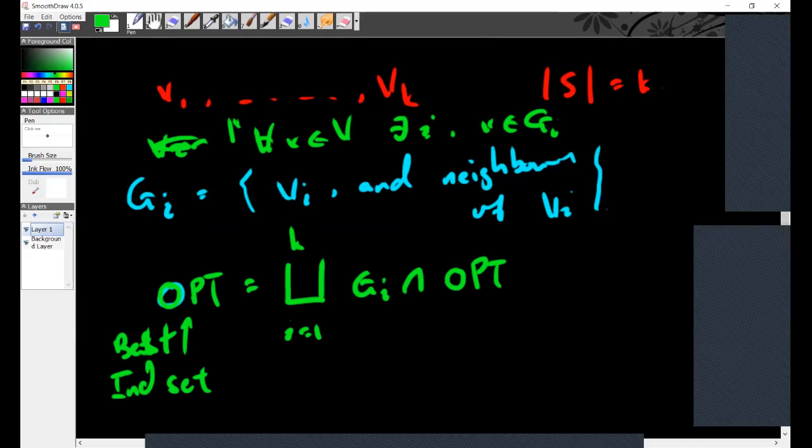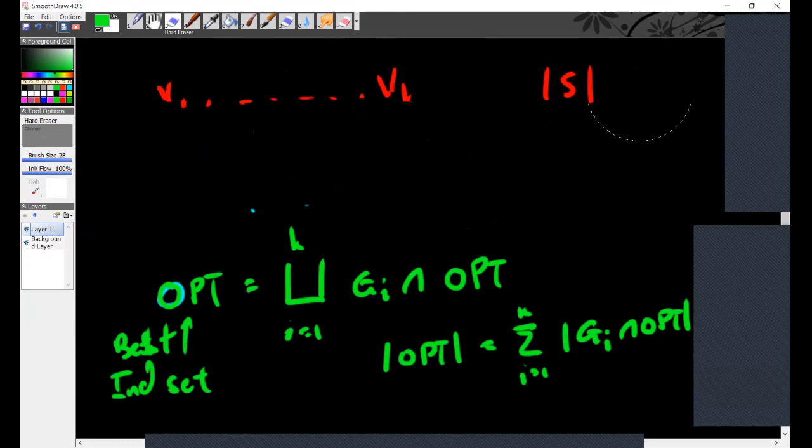This is saying that I have this independent set, and I know that each of these vertices belongs in some star. So viewing them together is the same as taking them in their respective stars and unioning them together, and it's a disjoint union. So then what can I say? I can say that the size of OPT is the same as the sum of the size of Gi intersected with OPT, from i equals 1 to k.